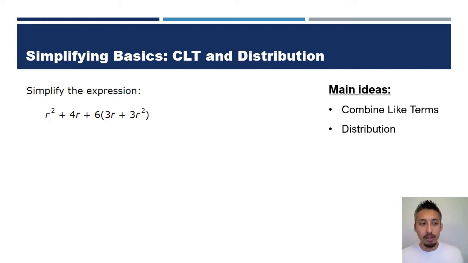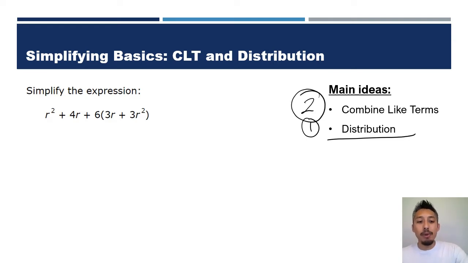Whenever we're simplifying, we are following the order of operations, which means that multiplication, which is in this case distribution, should go before addition or subtraction, which would be combining like terms. Because distribution, multiplication comes first in the order of operations, that's the first thing that we need to do. So we're going to do distribution first, and then we're going to combine like terms.